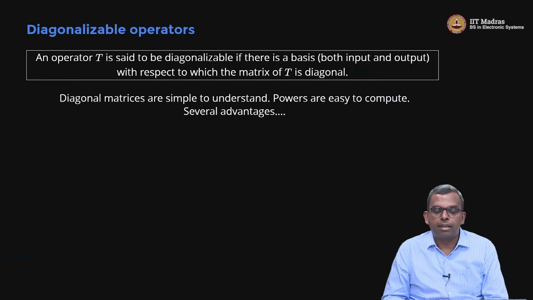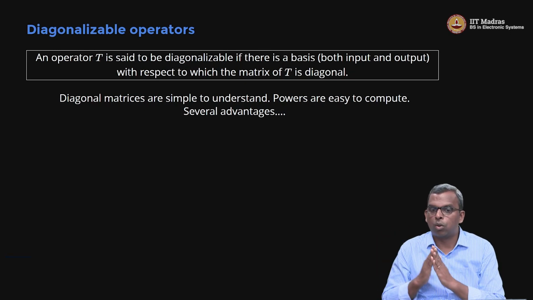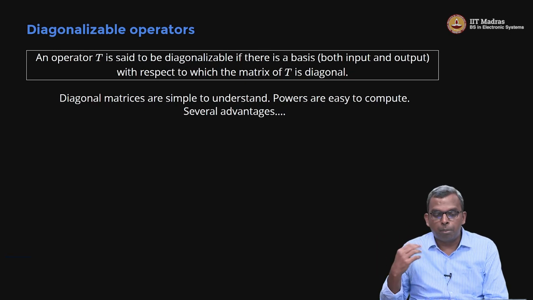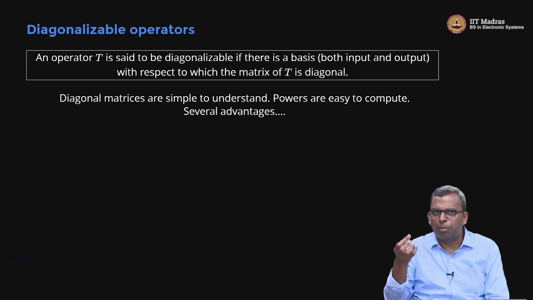An operator T is said to be diagonalizable if there is some basis. See, in an operator, both input basis and output basis are the same, right? So, that's how we study it. So, if there is some basis with respect to which the matrix of T becomes diagonal. Remember, we always think of the canonical basis as our basic definition, right?